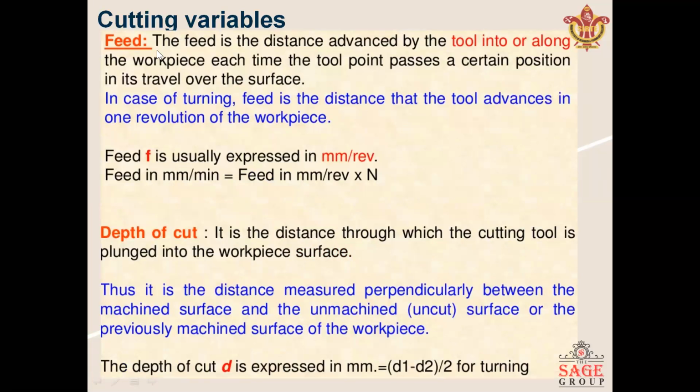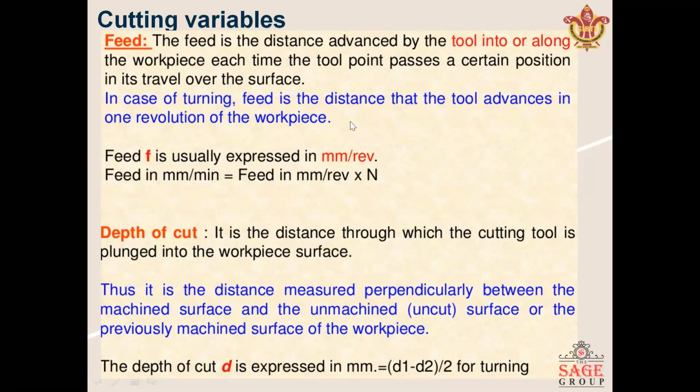The second is feed. The feed is the distance advanced by the tool into or along the workpiece each time the tool point passes a certain position in its travel over the surface. In case of turning, feed is the distance that the tool advances in one revolution of the workpiece.